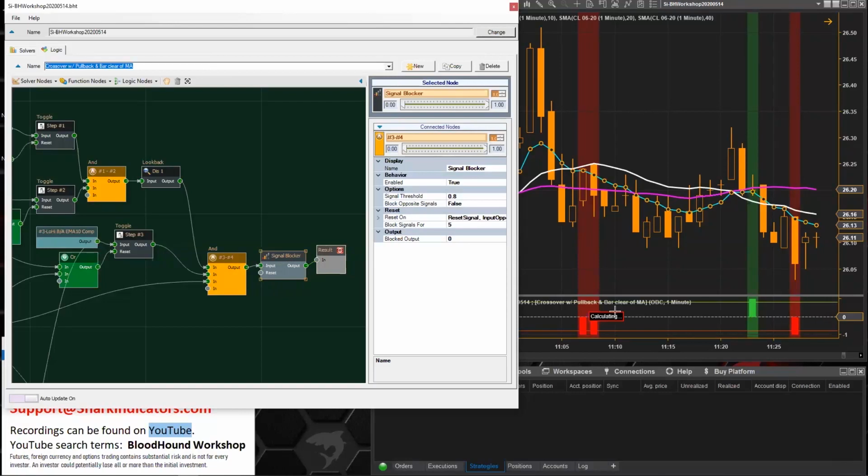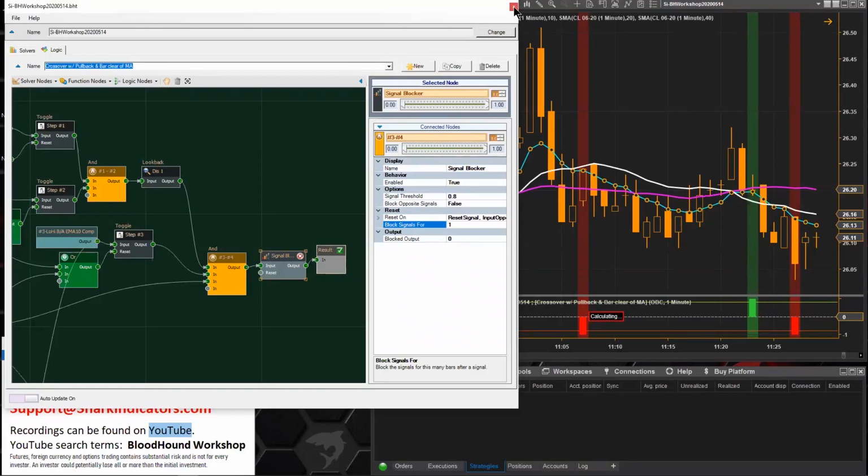All right, as soon as this is done calculating, there. All right, so with the signal blocker, let's see. Oh, it's still calculating. All right, there. So we only need to block for, yeah, I think so far all I've seen is just one bar. There.